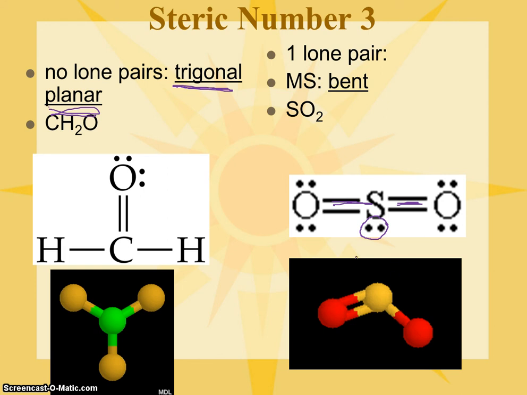The shape here is called a bent shape, and you can see it derived from this trigonal planar. If I go back here and just take one of these bonds off, and that's a lone pair instead, a lone pair of electrons doesn't really show up in the shape, it's just influencing. So the actual shape that's left is this sort of V shape, which is called a bent molecule.